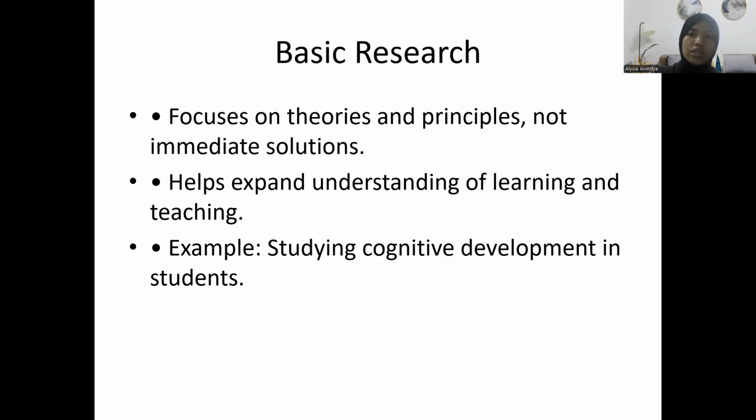Studying how students develop cognitive skills at different ages, like using Piaget's study. So this helps us to understand learning better, but without trying to solve the problem in it. So it is more like just to give us knowledge about it.